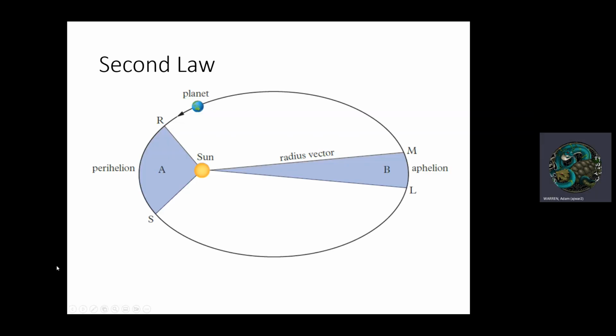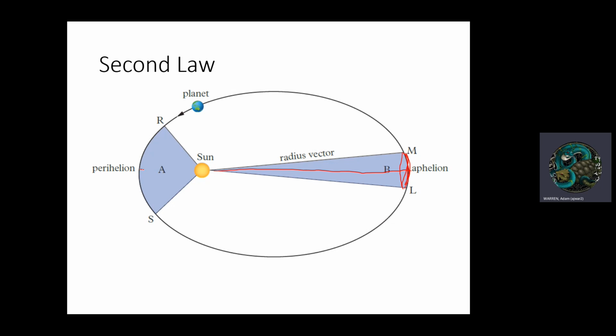Visually, the law looks like this. Now we can see, again, the ellipse is very distended, but looking at here, we can see triangle B is very long and very narrow. The length here from M to L is very short.